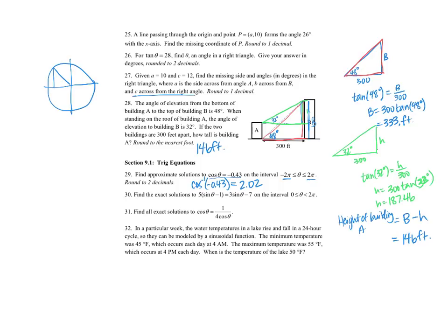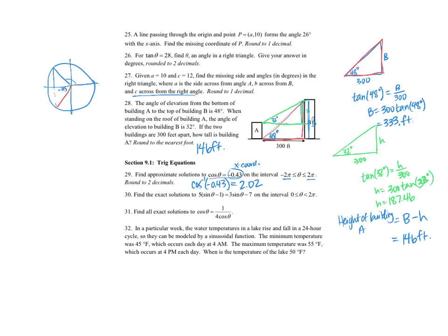So if cosine is negative 0.43, that's the x coordinate. Okay, and so that means I'm here, negative 0.43, and then this is my angle in the second quadrant. But I also know that I have this corresponding reference angle here in the fourth quadrant.